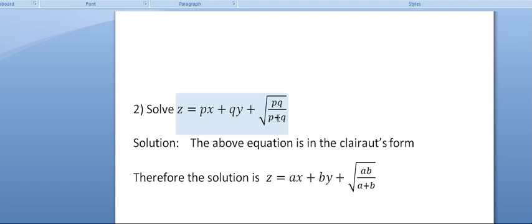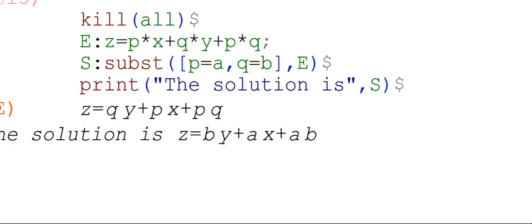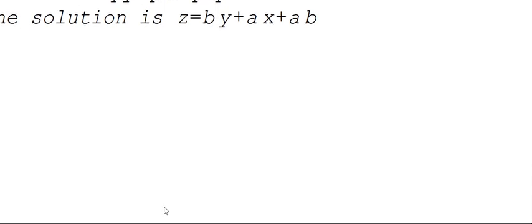The solution is obtained by replacing p by a and q by b. Therefore, the solution here is z is equal to ax plus by plus square root of ab by a plus b. So let us go with the Maxima program of this now.